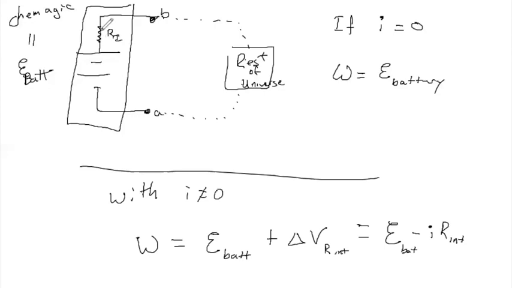The body of the battery is going to cause some energy to be consumed and therefore not available. So if you were to measure the voltage across the terminals, you would get a different answer with or without a current.